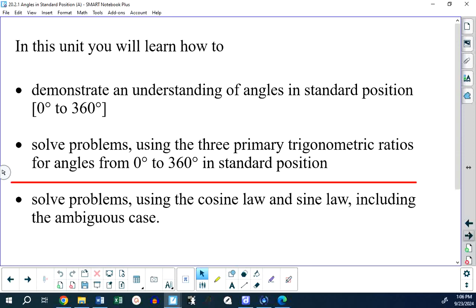We just use something called the cosine law and the sine law, which are not the same as sine and cosine. So when you remember from, say, Math 10, that the sine of an angle is equal to the opposite side to that angle divided by the hypotenuse, that's got nothing to do directly with the sine law. There's a connection, but it's not what the sine law is. Similarly, the cosine law is different.